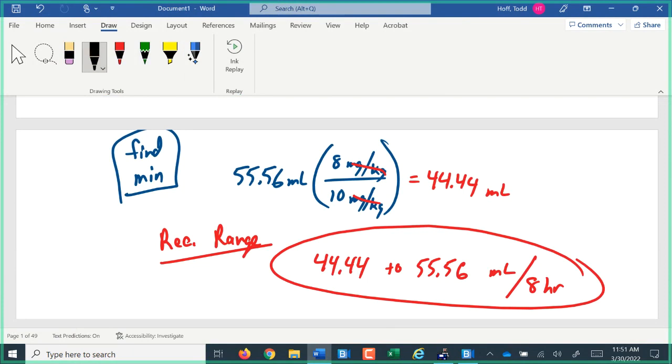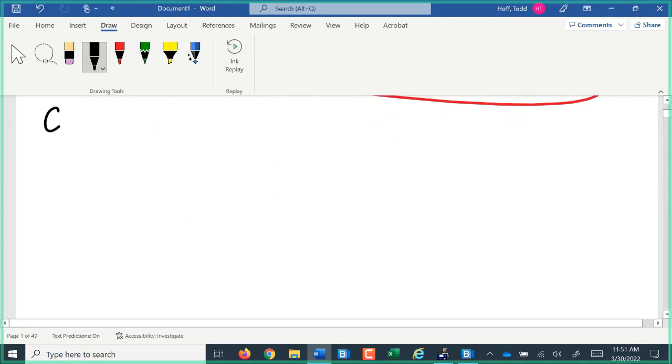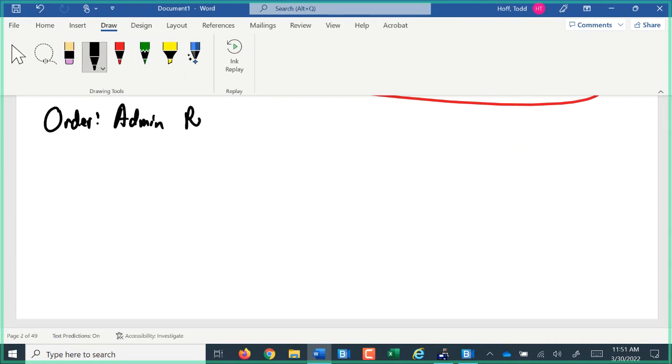Now what if the doctor's recommendation has more information and that information doesn't exactly line up with the recommendation? For example, I have an order to administer the recommended dose every 6 hours.